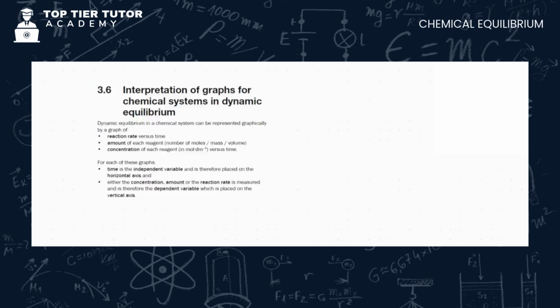Now, to fully understand this concept, we're going to be using an example, and we're going to be changing things in this example, and seeing how the graph is going to change when the system reacts to the change that we have introduced.